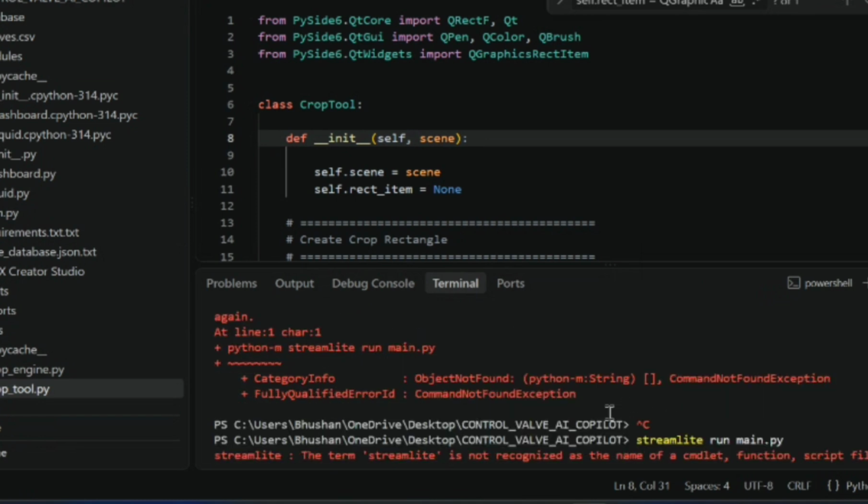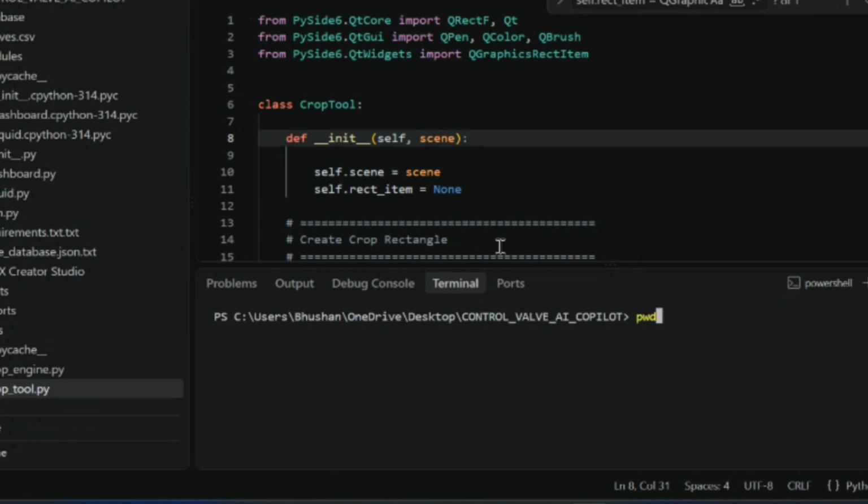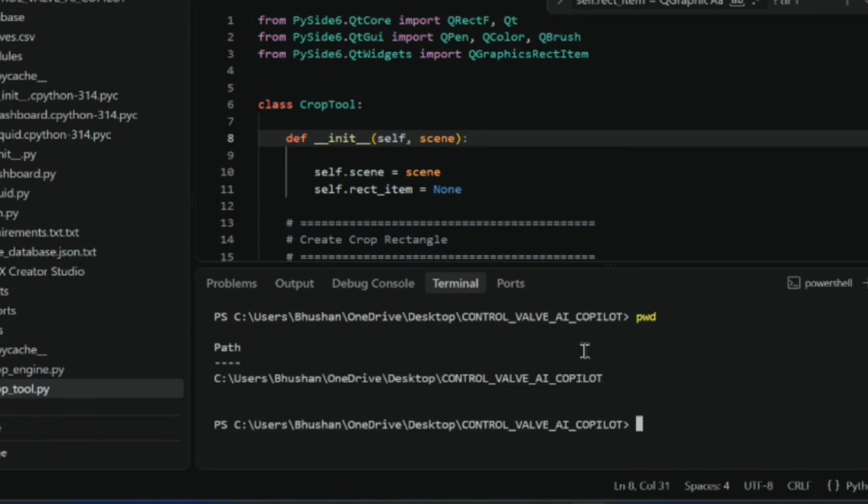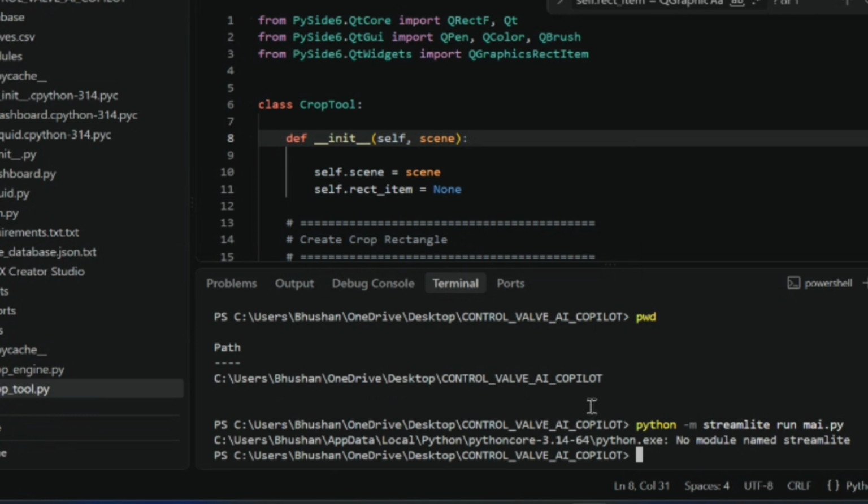Maybe some error is there. I need to check what error is there. Some bug issue is there.